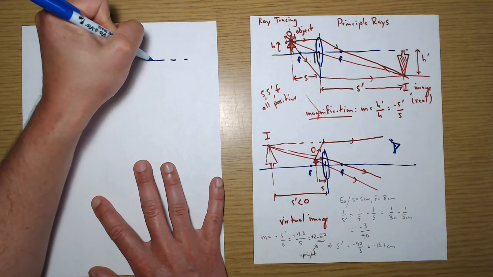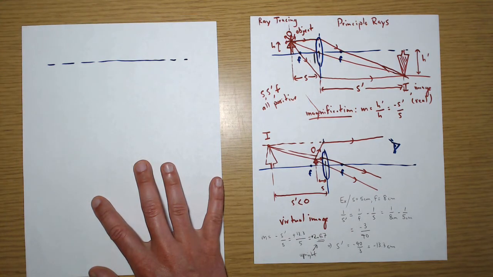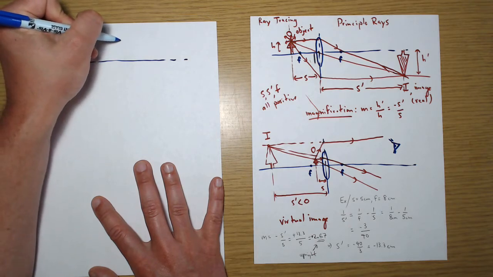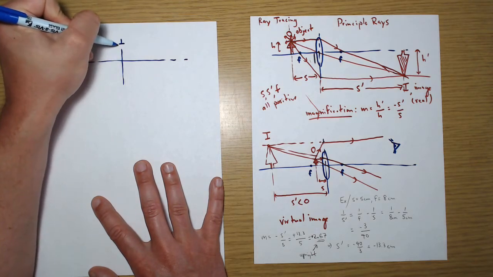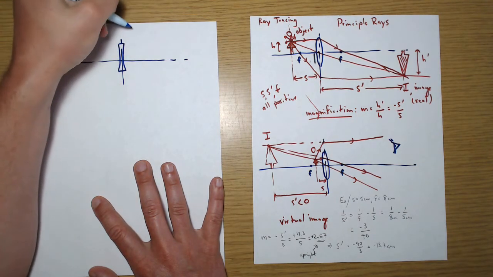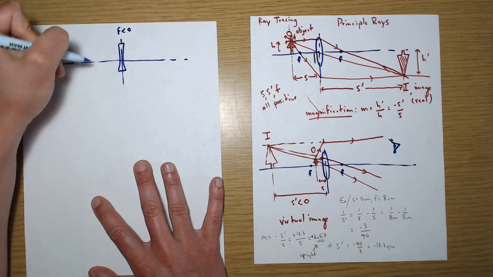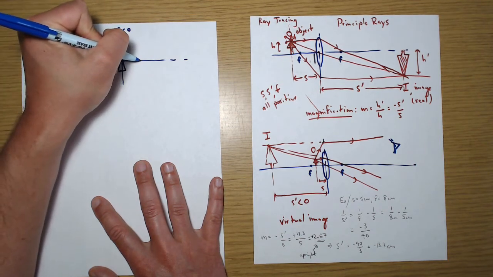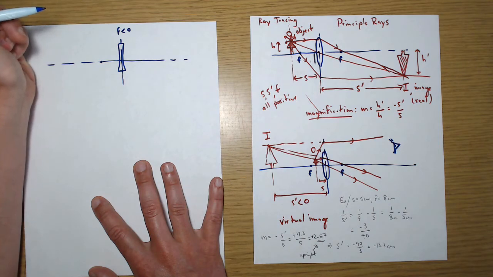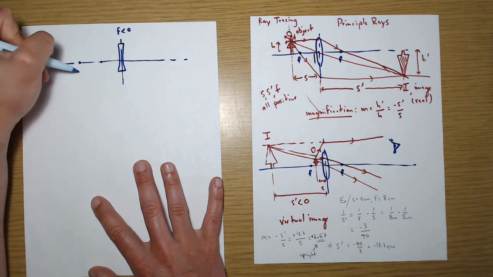Here is my optical axis. Here is my lens plane. And here is my diverging lens with a focal length less than 0. Again, there's going to be a focal point on each side. Let me put it out here, make it a little bit larger.